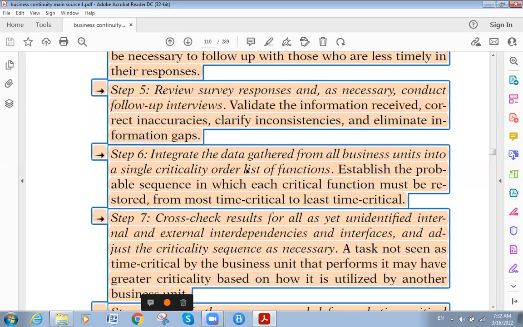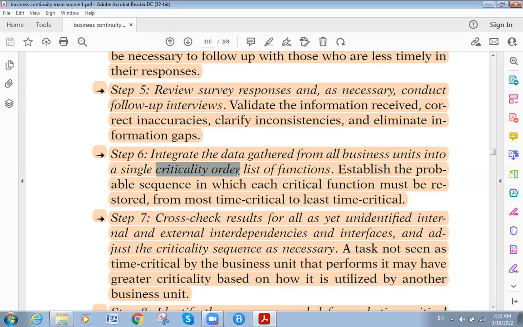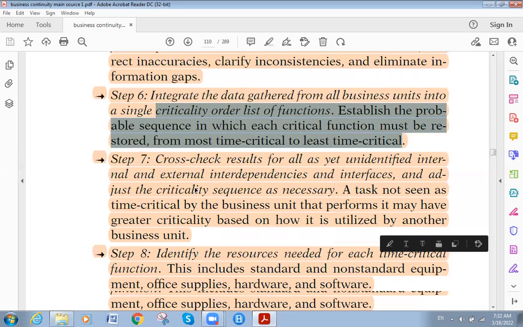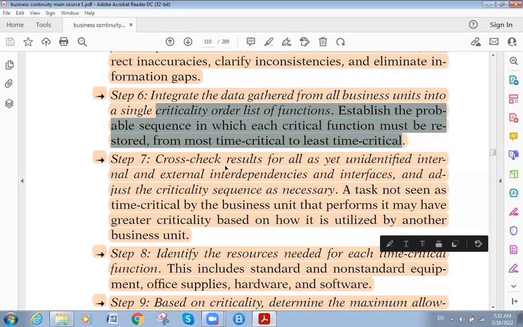Step 6, integrate the data gathered from all business units into a single criticality ordered list of functions. Establish the probable sequence in which each critical function must be restored, from most critical to least critical, from most time critical to least time critical.